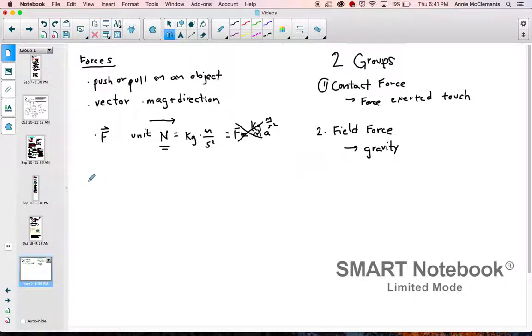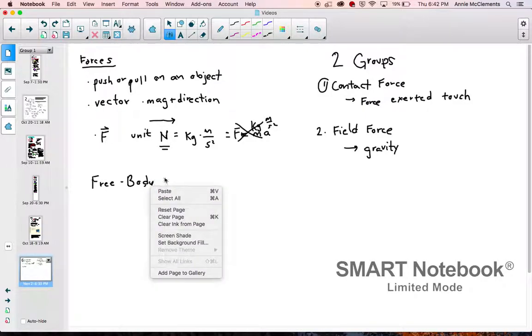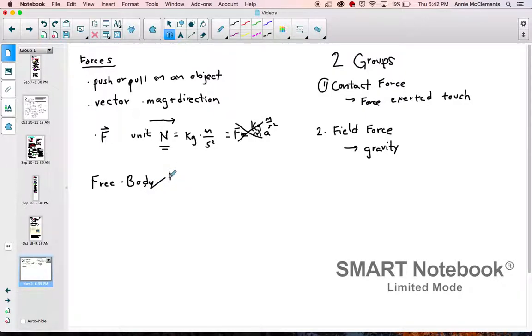So when we start talking about forces, like when we talked about motion, we have another diagram that we want to talk about. It's called a free body diagram.